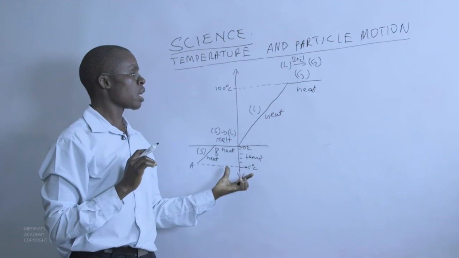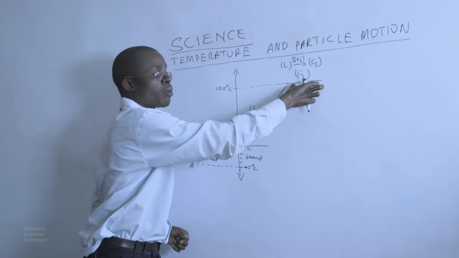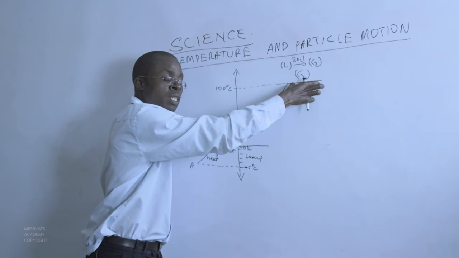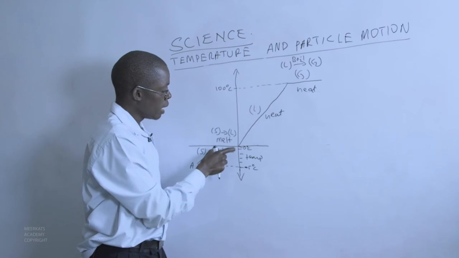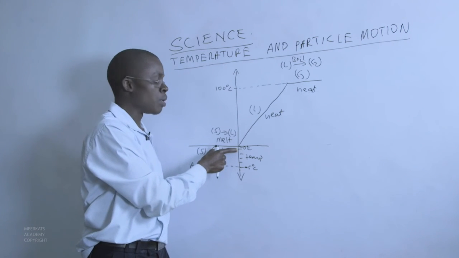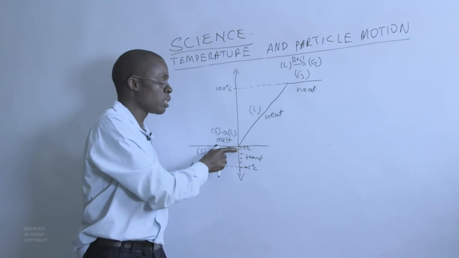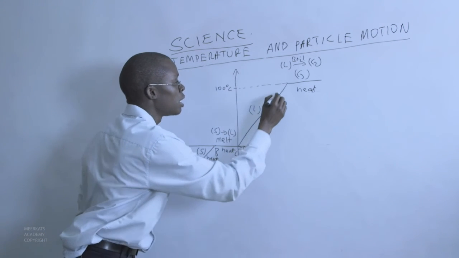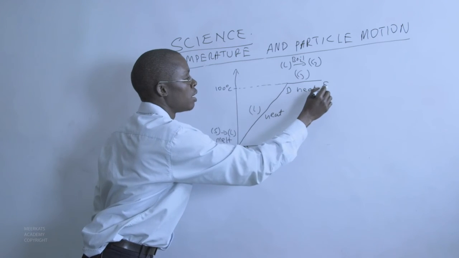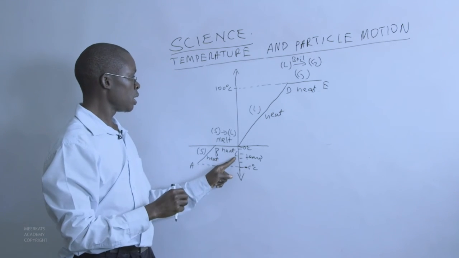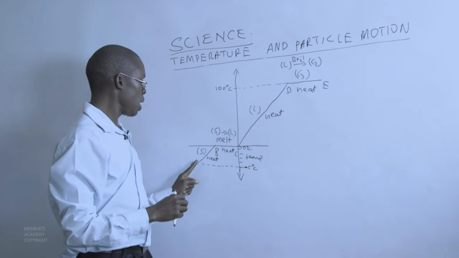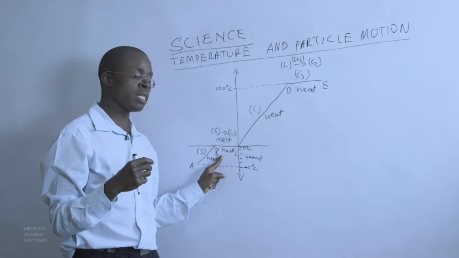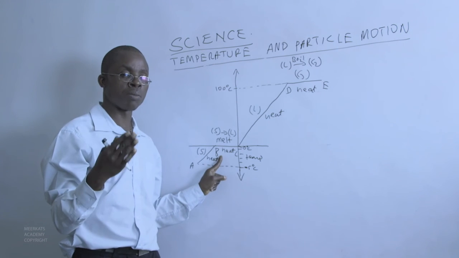What is important in this diagram is at this point the temperature is constant. Energy is being used to break the bonds or the forces and not to raise the temperature. But at point CD and point AB, the heat energy is being used to raise the temperature.